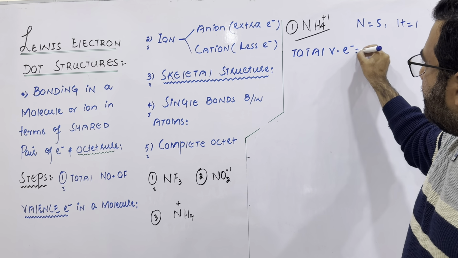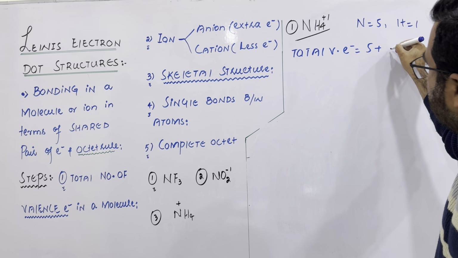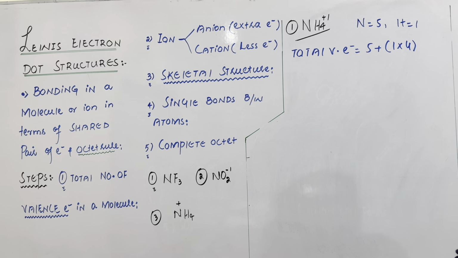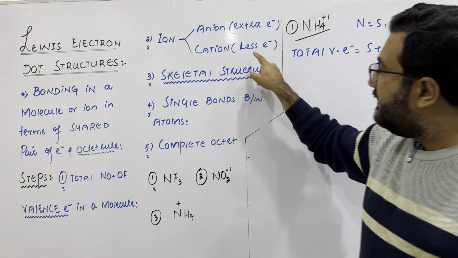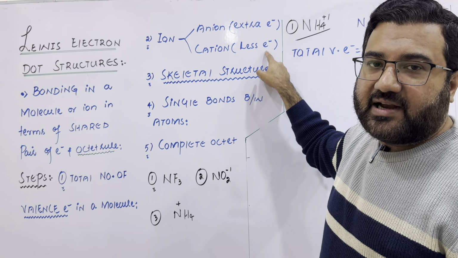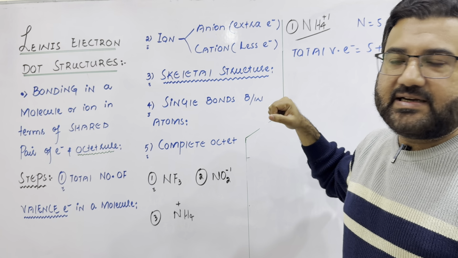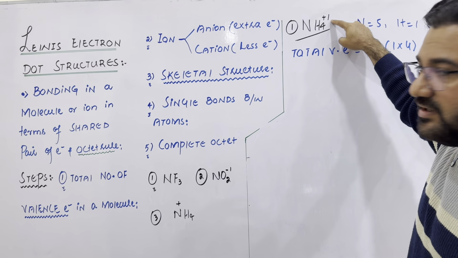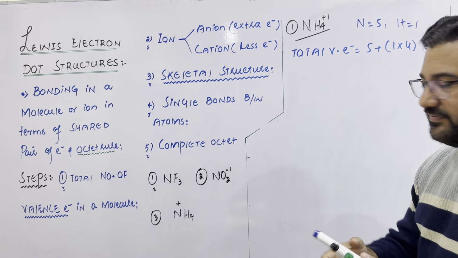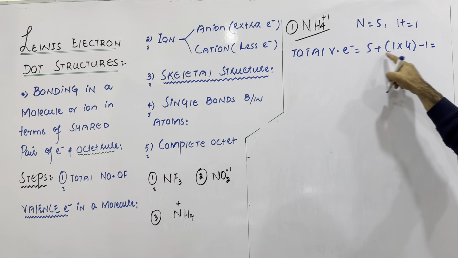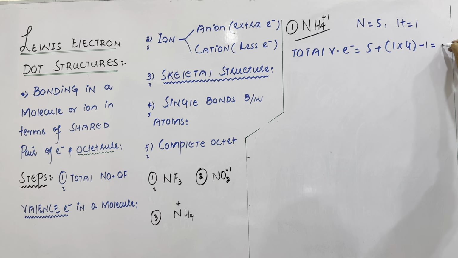The total valence electrons will be 5 plus 1 for each hydrogen, so 4 hydrogens give 4. But it is a cation. It means it is electron deficient. And the charge on a cation shows how much electron deficiency it has. It has a charge plus 1. It means it is 1 electron deficient. So here will be minus 1. 5 plus 4, 9, minus 1, 8. So it has 8 valence electrons.